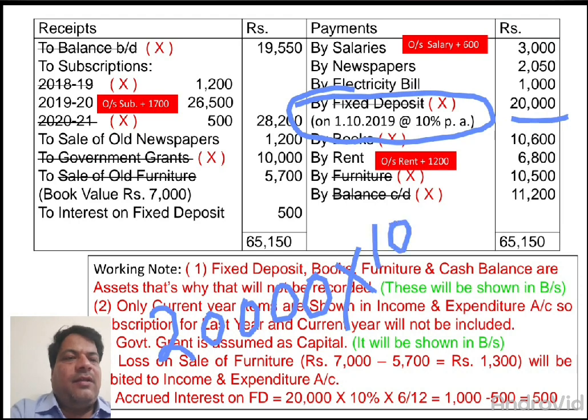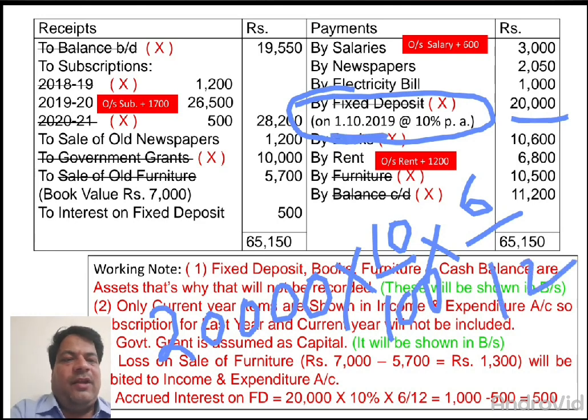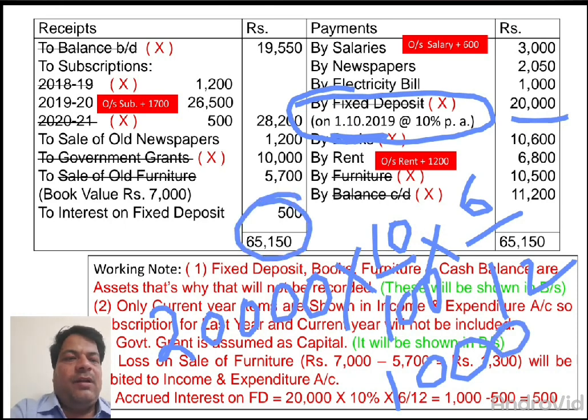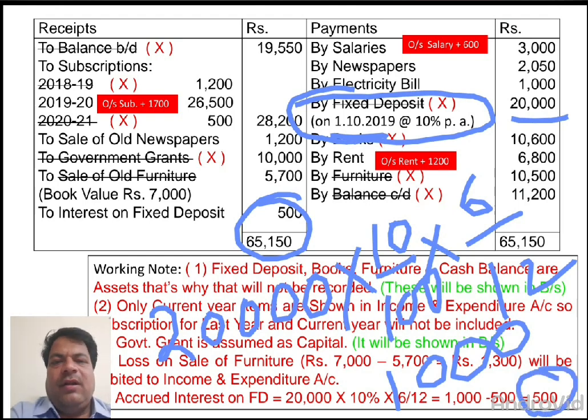Then we have to calculate 10% for 6 months because we invested the money on 1st October. If you calculate the total amount of interest, it will be 1,000 rupees, whereas we have received only 500 rupees. So 1,000 minus 500, that 500 rupees will be considered as accrued interest on FD.